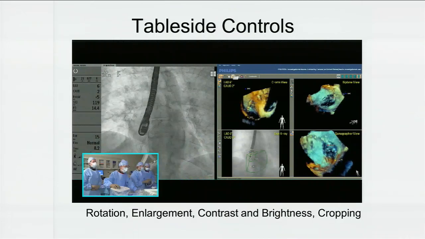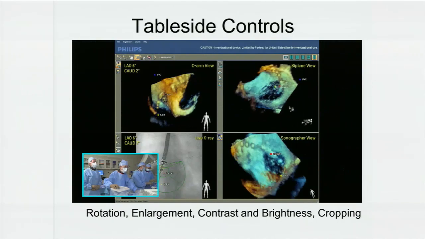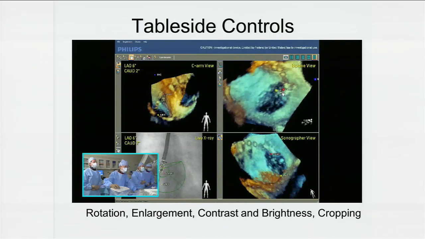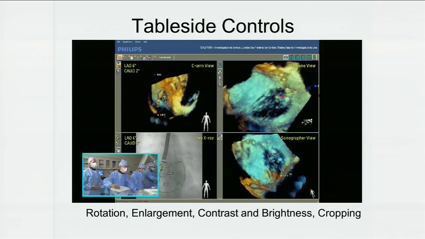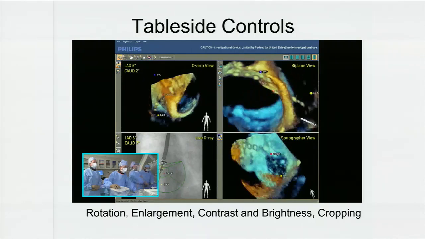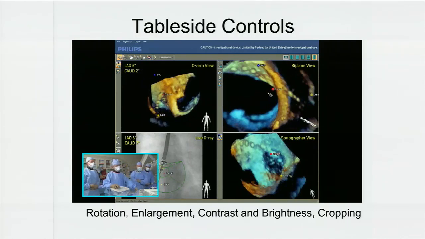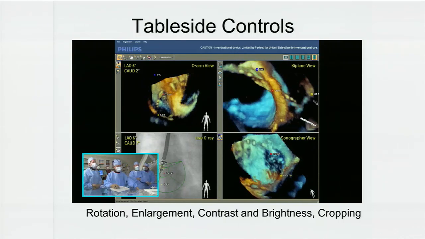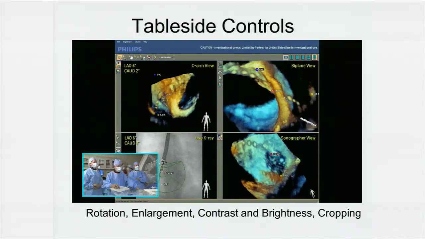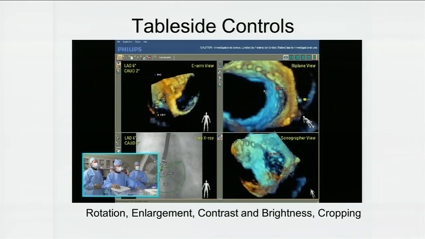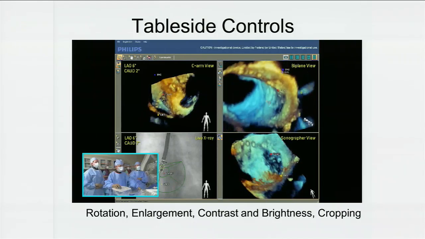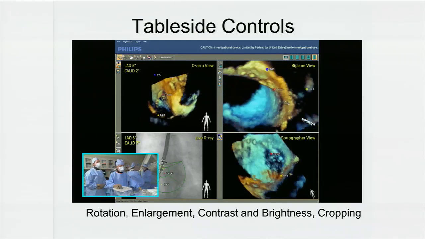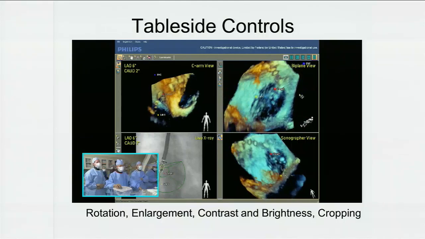So let's translate that into table-side controls of 3D ultrasound. In this panel, what we're seeing is the ability to enlarge or shrink the image, to pan it, and to turn it. This is after a transeptal catheterization has been performed, and we're down here using the mouse to change the perspective and to really understand where we're at in this intervention. Where did we puncture the septum primum relative to the whole intra-atrial septum?